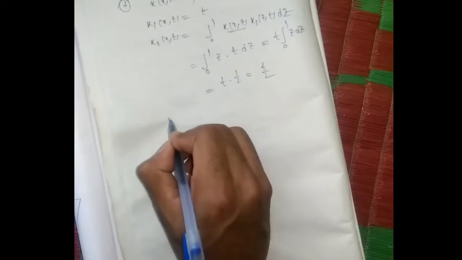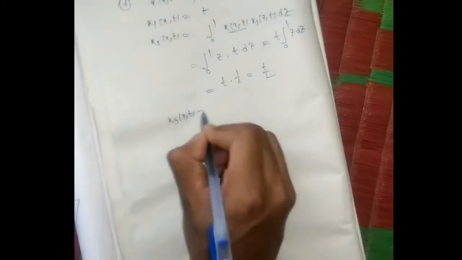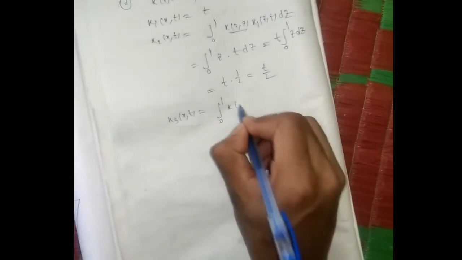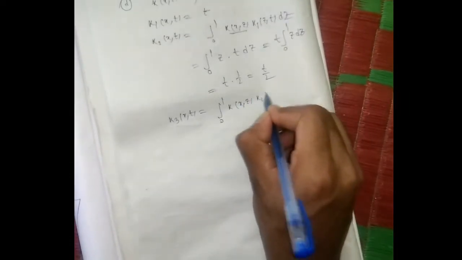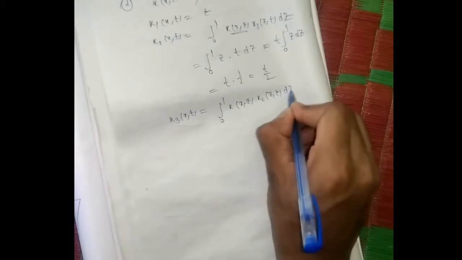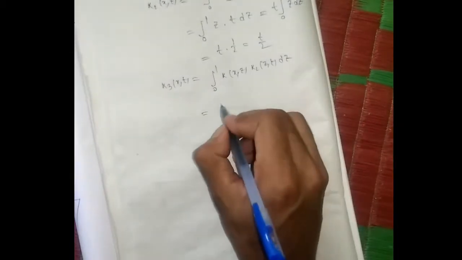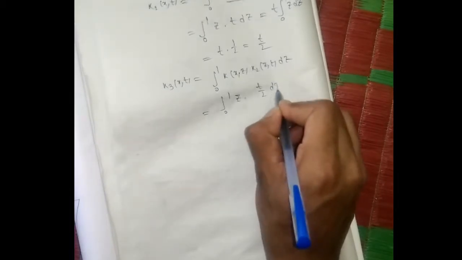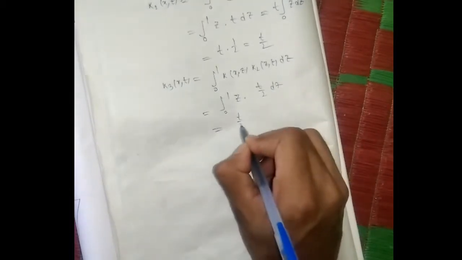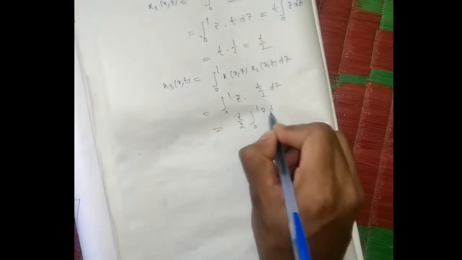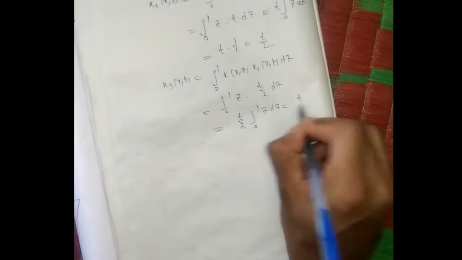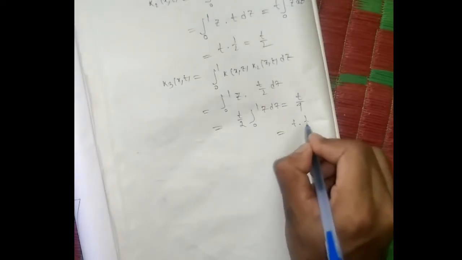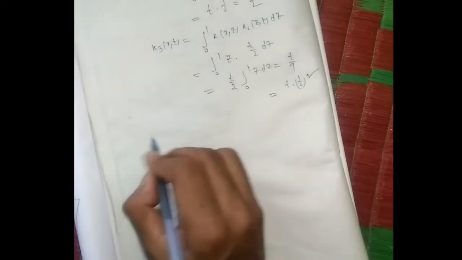Similarly, k3(x,t) equals the integration over 0 to 1 of k(x,z) k2(z,t) dz. So this is the integration over 0 to 1, this is z, and this is t by 2 dz. So this is t by 2 times the integral from 0 to 1 of z dz. So this is t by 4, that is t into half square.